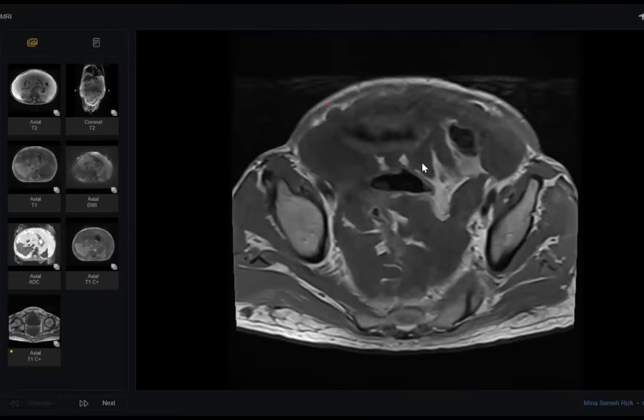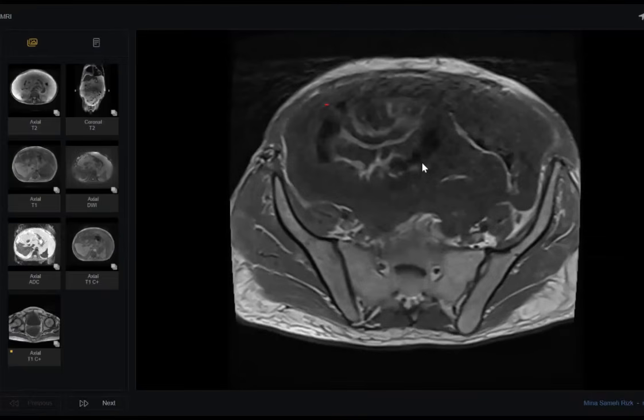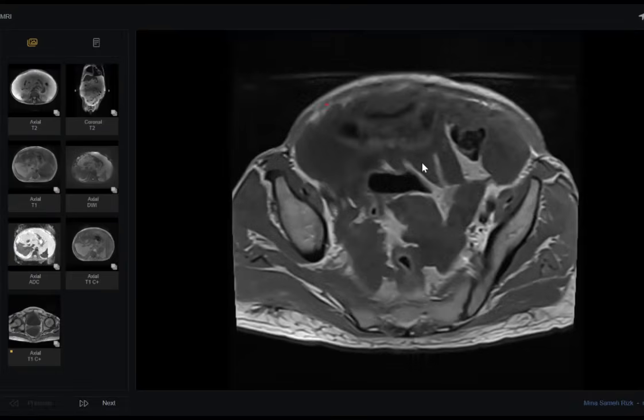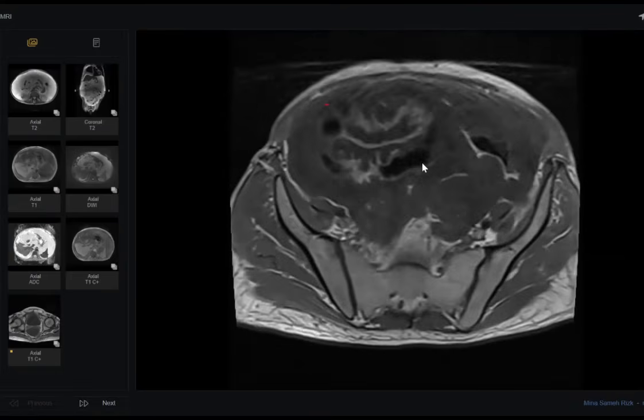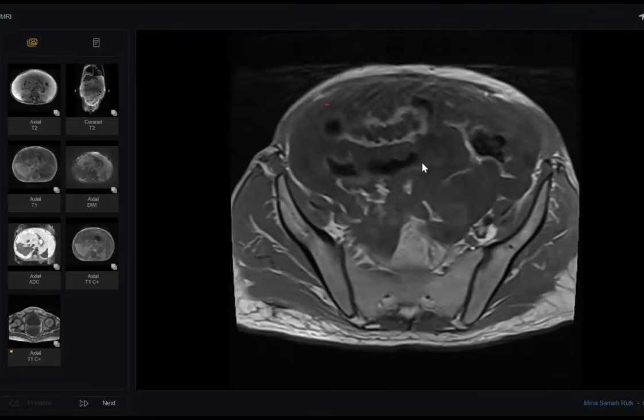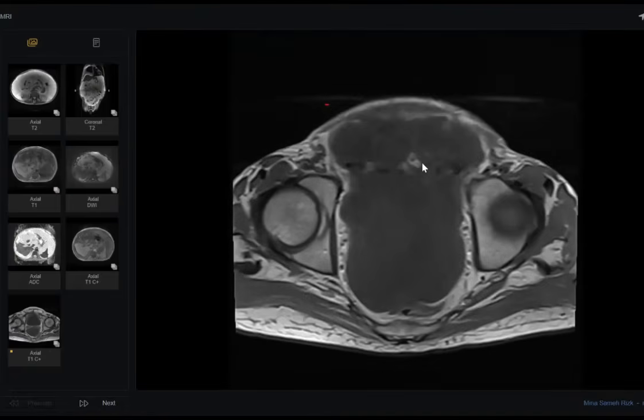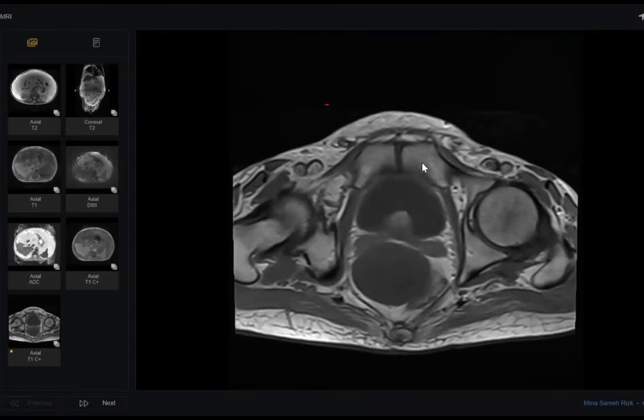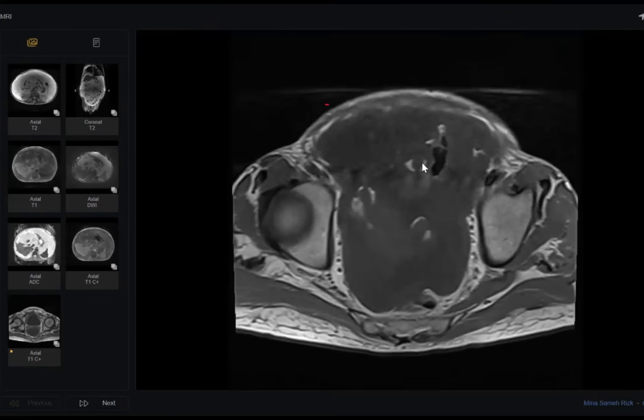So give me the final diagnosis. In this patient with scalloping of the liver and heterogeneously appearing ascitic fluid, I'm suspicious of pseudomyxoma peritonei.